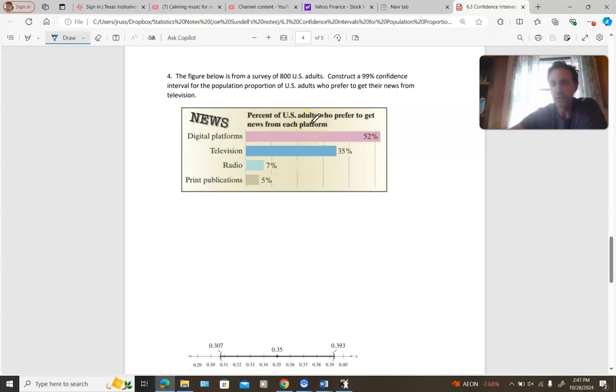And because we're using a newer edition of this book, guys, it's probably fairly accurate: 52% from digital platforms, so online stuff, in other words. But we're looking at television, so there's 35% from this sample that prefer to get their news from television.